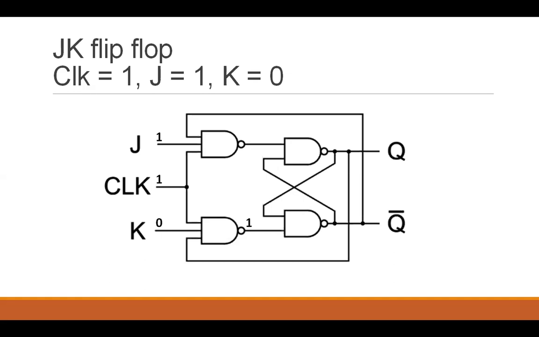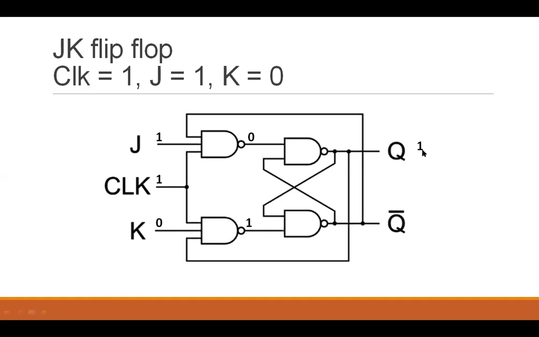So I'm going to start from the 0. For the J side, I have J and clock, 1 NAND 1, which is going to be 0 again. Now again, starting from the 0 side, if I have 0 being fed into a NAND gate, I will always have 1 as my output.